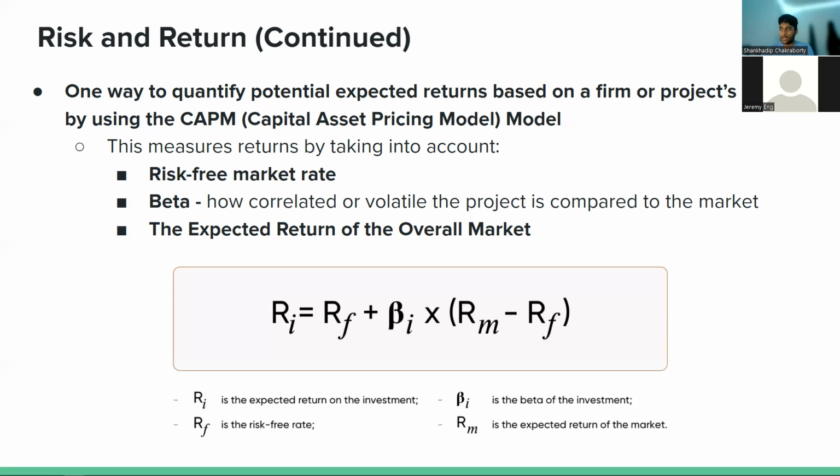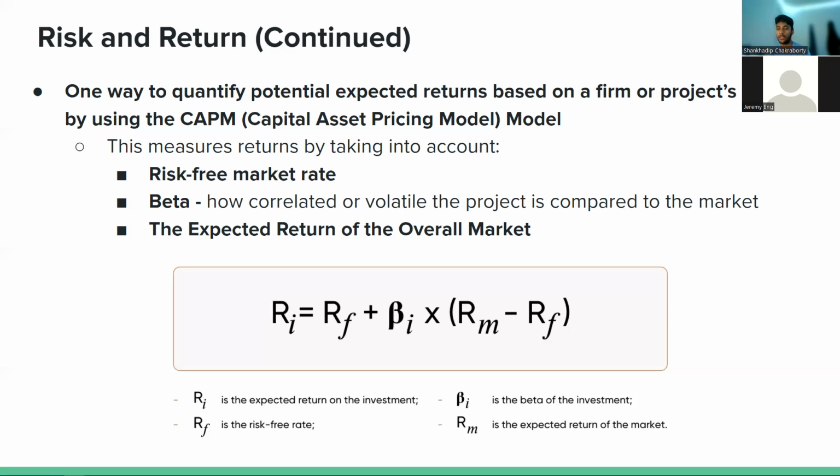However, there's a problem sometimes because if the beta is too high, above a 1, let's say the beta is 1.5. That means for every 1% the market goes up, the returns of the project will go up 1.5% because the beta is 1.5.